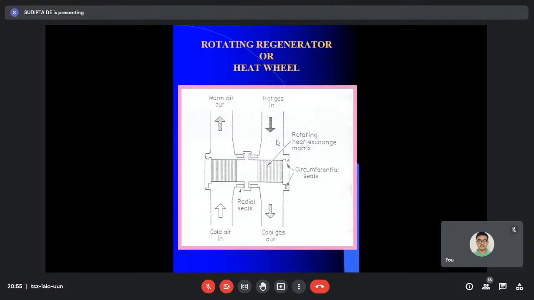But close contact means any impurity present in the gases in the form of solid or liquid contamination will be captured by the matrix too, and subsequently it will be transferred to the next fluid. So let's see how this compromise is handled. It's not always possible to optimize 100%, it is rather a compromise. It's not possible to remove this contamination problem 100% in the regeneration process.